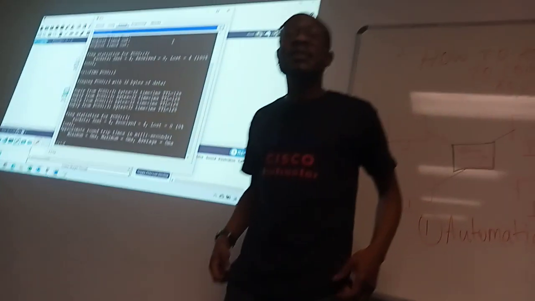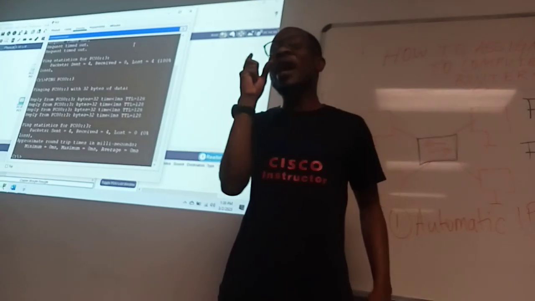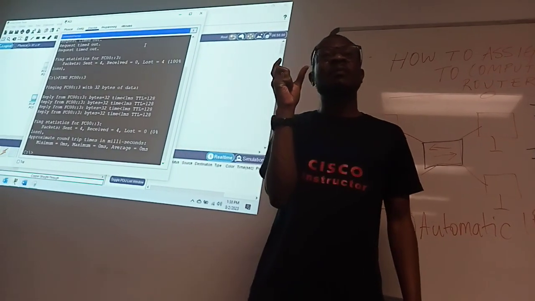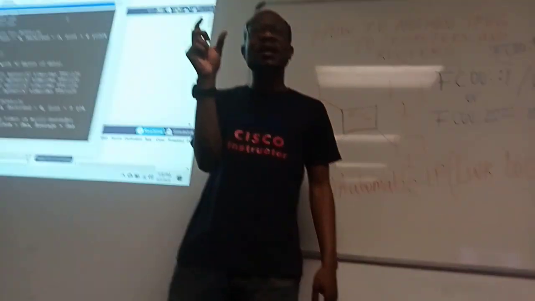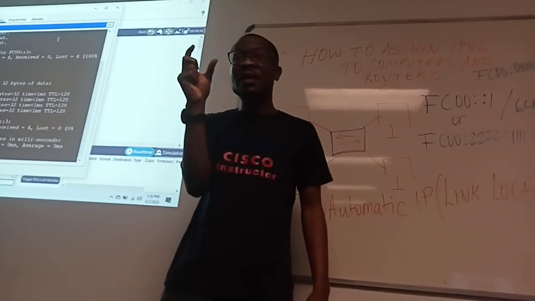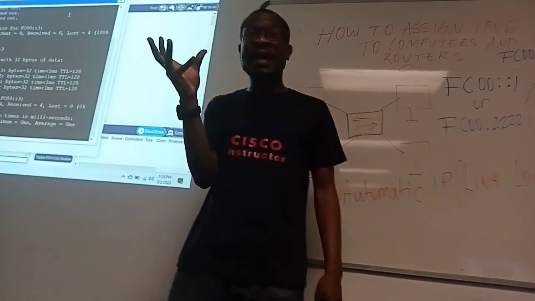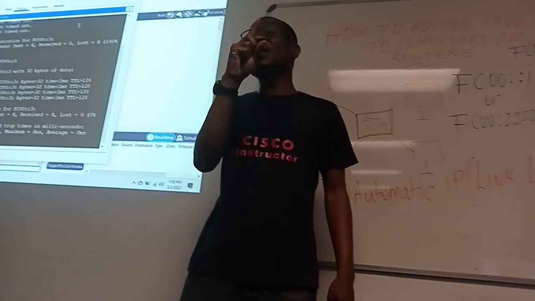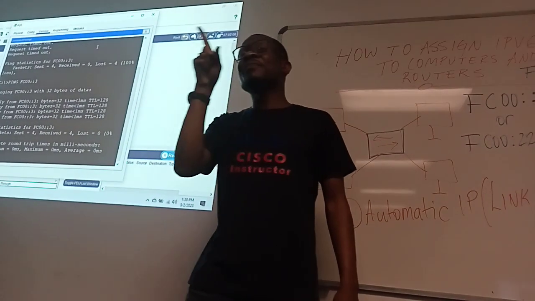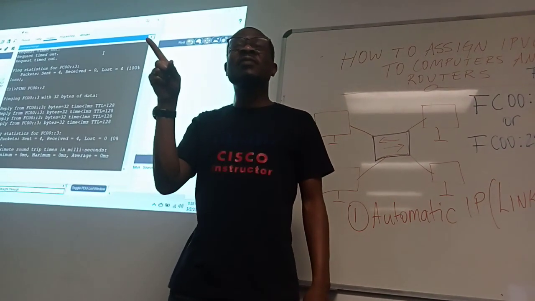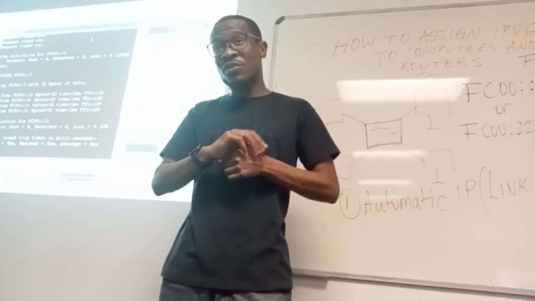Just the most important part, guys, you have to know how to identify global unicast, link local, unique local. When you know how to identify them, which number they are going to start with, and where to assign them, how to assign your subnet mask, everything will be so easy for you.